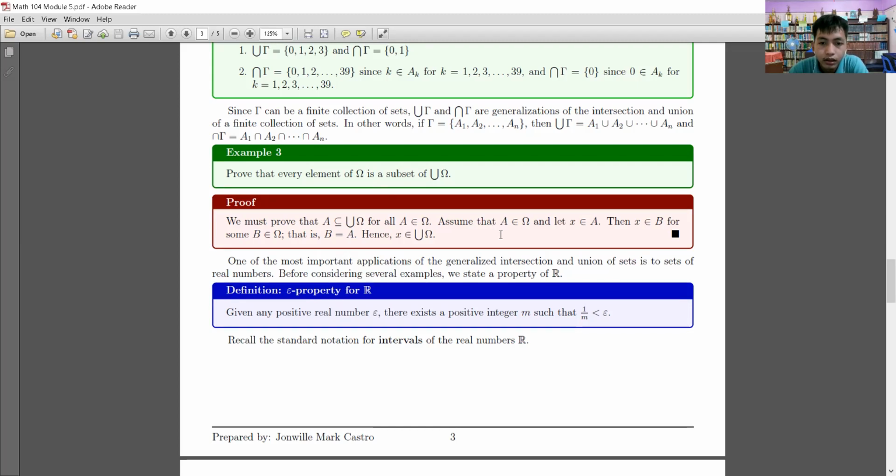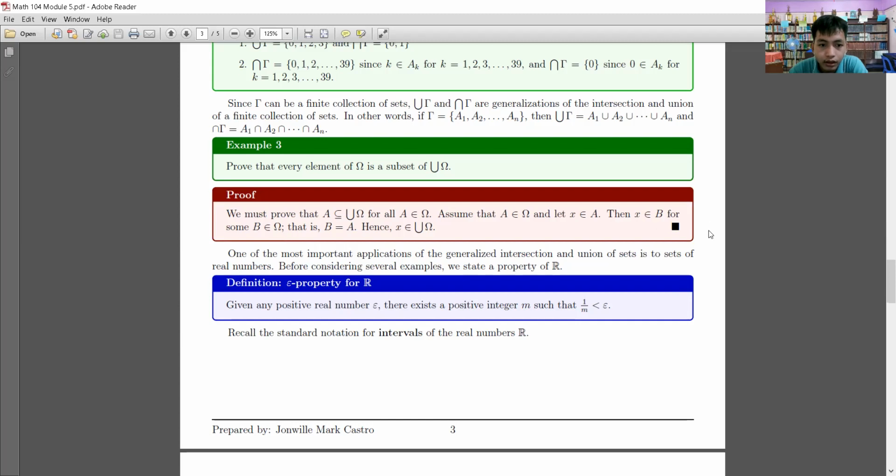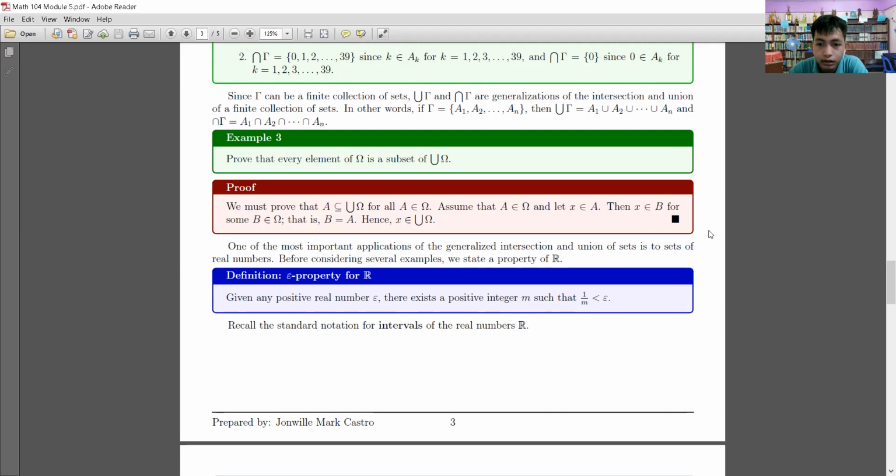So, assume that A is in omega and let X be in A. Okay? So, meron tayong set at meron siyang element doon. Then, X is in B for some B in omega. Okay? So, that is B equals A. So, hence, yung X is in the union. Okay?